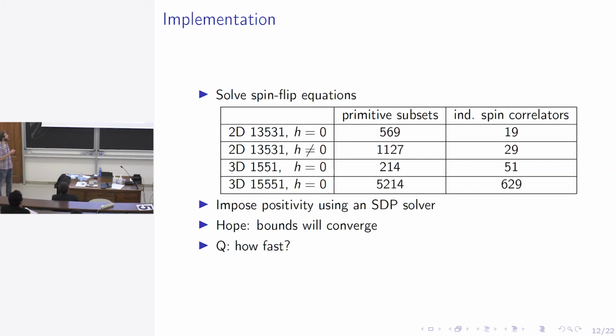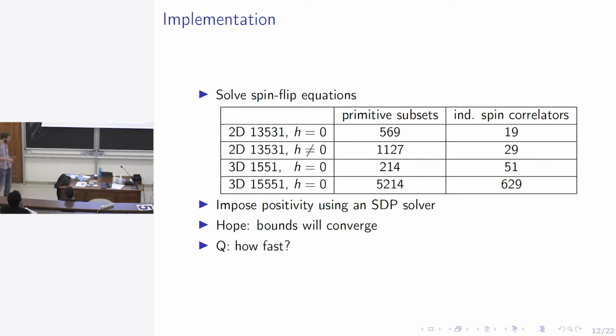This is the region that I'm talking about, the dimensionality, and whether h is positive or zero, taking into account also the h to minus h symmetry. For all of these cases, you can see that we have a lot of primitive subsets of variables. And after taking into account the spin flip equations, we get a much smaller set.